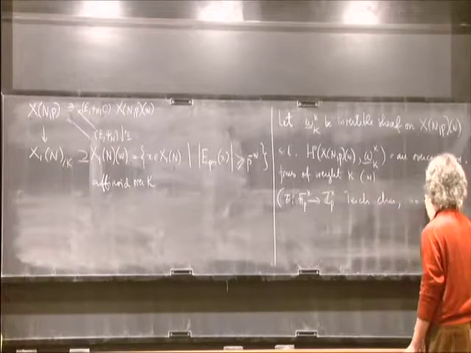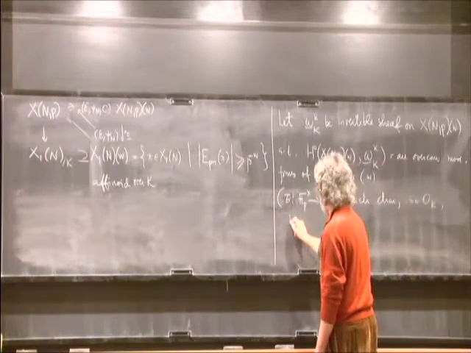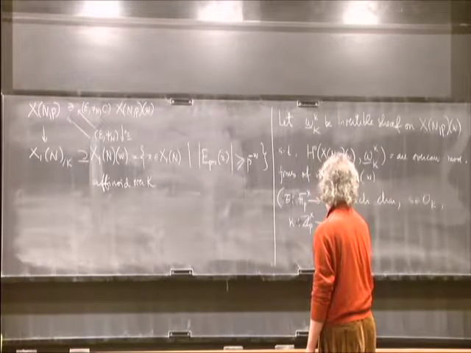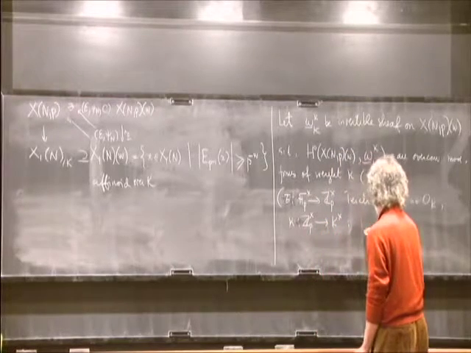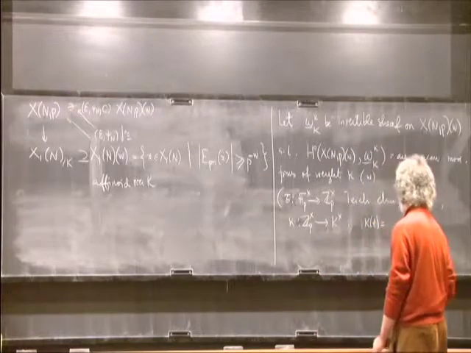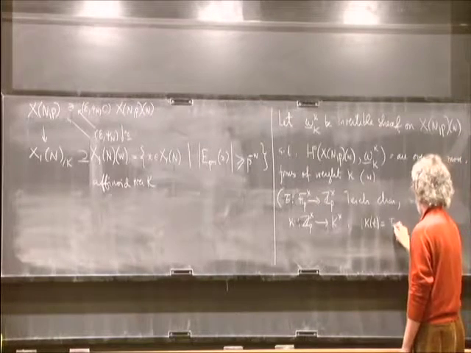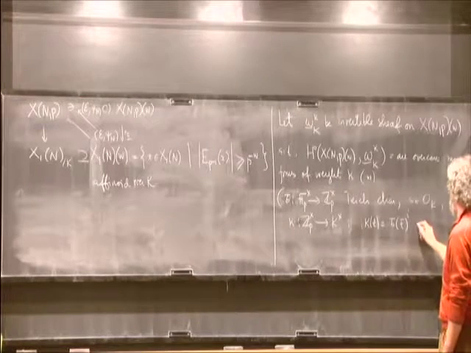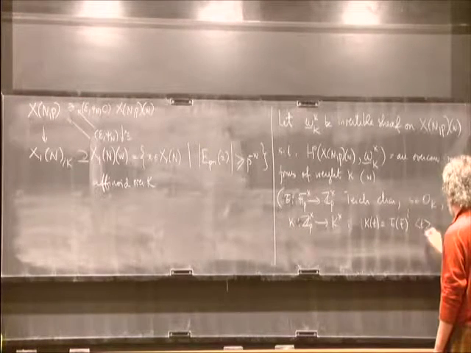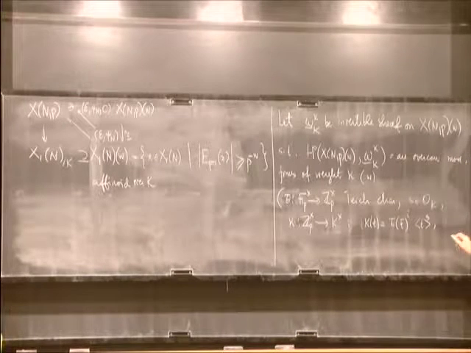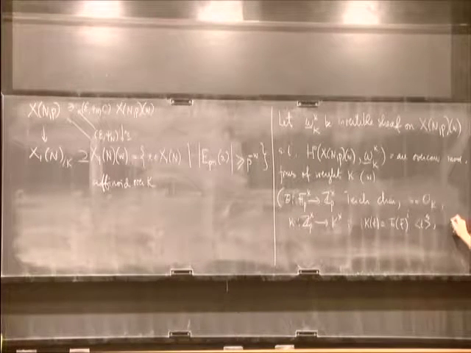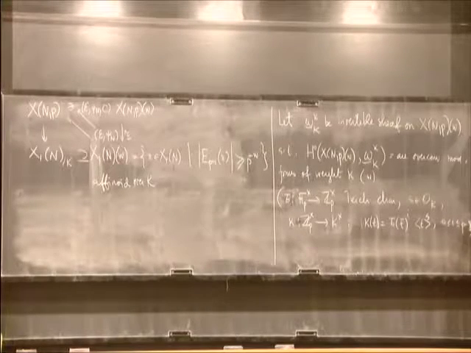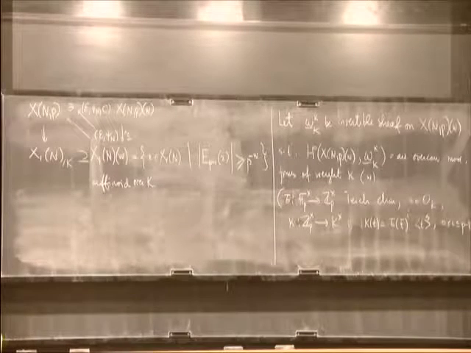Suppose s is an element in O_K, and let's take a weight kappa of the following type: kappa of t is tau of the reduction of t to the i, times the diamond bracket of t to the s, where i is some integer between 0 and p minus 2.